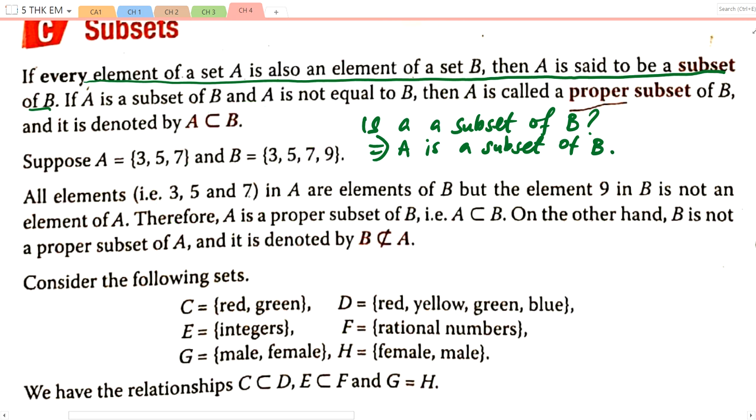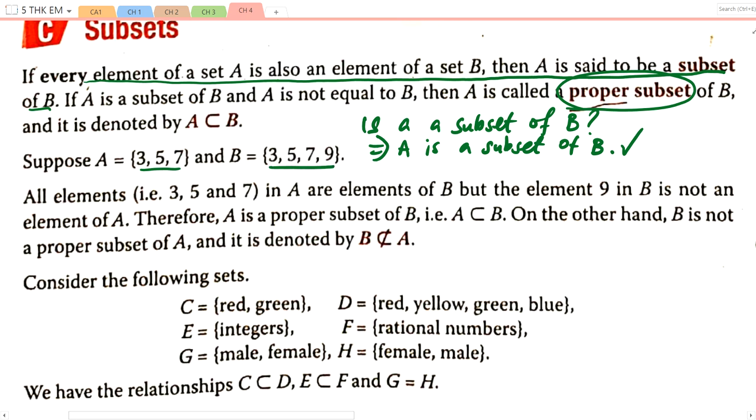Then we look at the second term over here, proper subset. If A is a subset of B, which we have already concluded, and A is not equal to B, then it is a proper subset. Now is A equal to B?